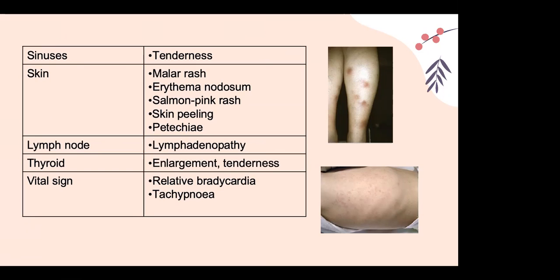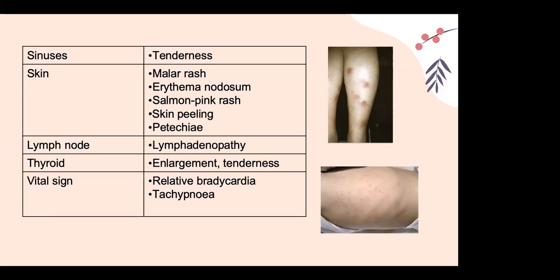Next for the skin, we look for malar rash on the face, and erythema nodosum, which can be due to malignancy, and salmon pink rash, which can be due to JIA, and skin peeling due to Kawasaki, and purpura that can be due to septicemia.